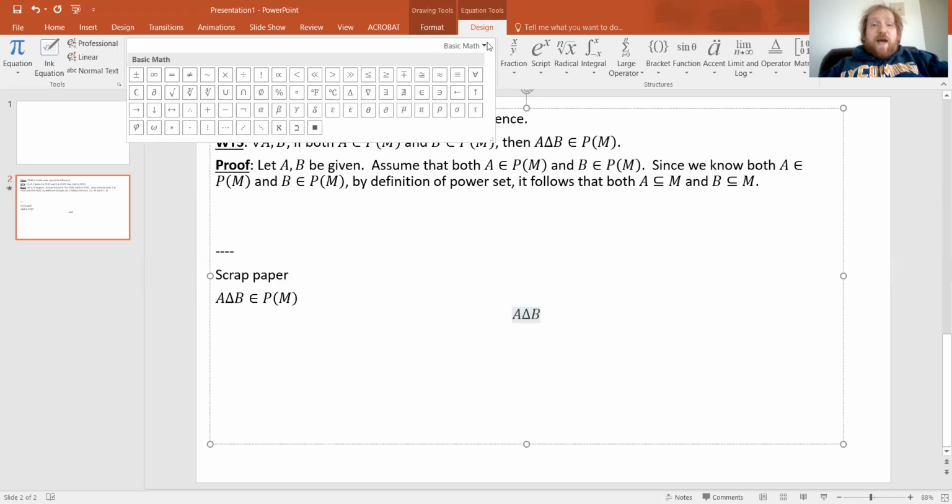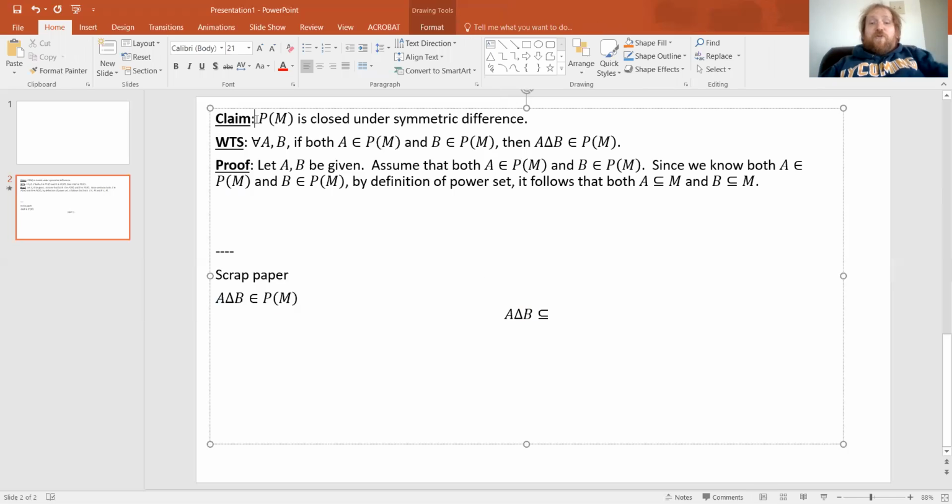The power set is the set of all subsets.